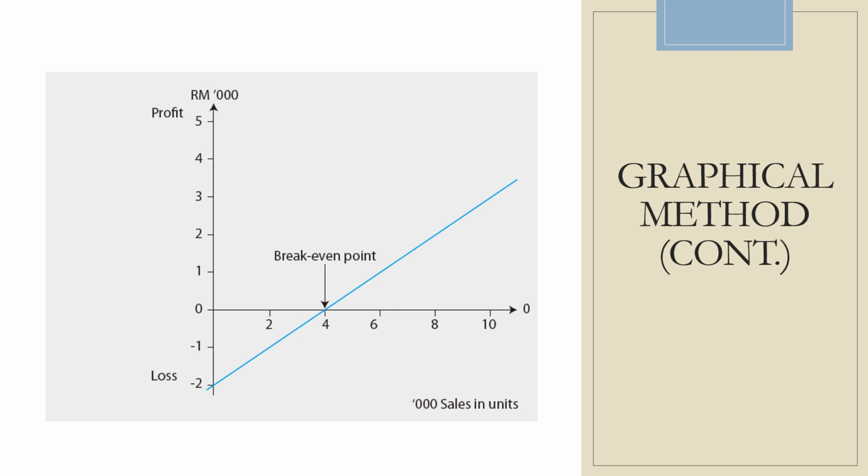The maximum loss is equal to the total fixed cost, where no production is undertaken. The horizontal axis is plotted to intersect the vertical axis at the point of zero profit and loss.